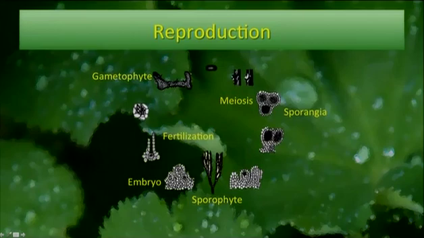The sporophyte is a plant that makes the spores through meiosis. And the gametophyte actually produces the gametes, the sperm and eggs that will come together in fertilization. So we have diploid, haploid, meiosis, and fertilization, the 4 points of an alternation of generation in plants.